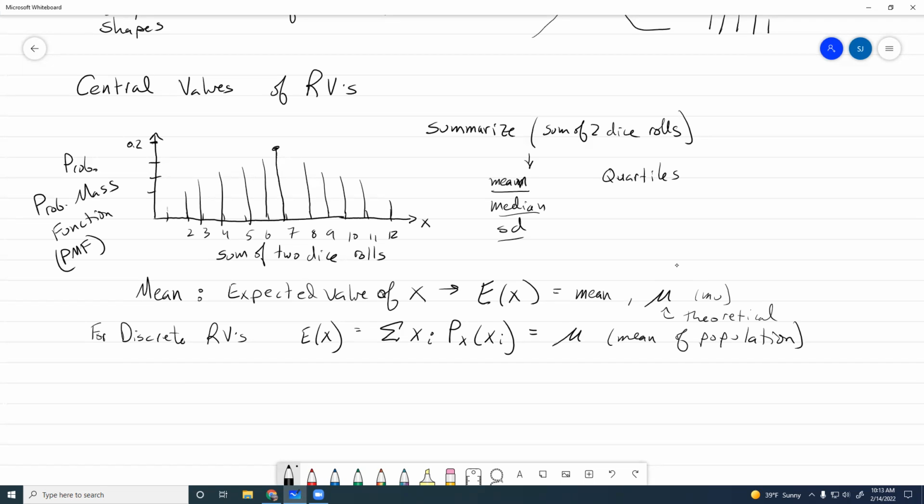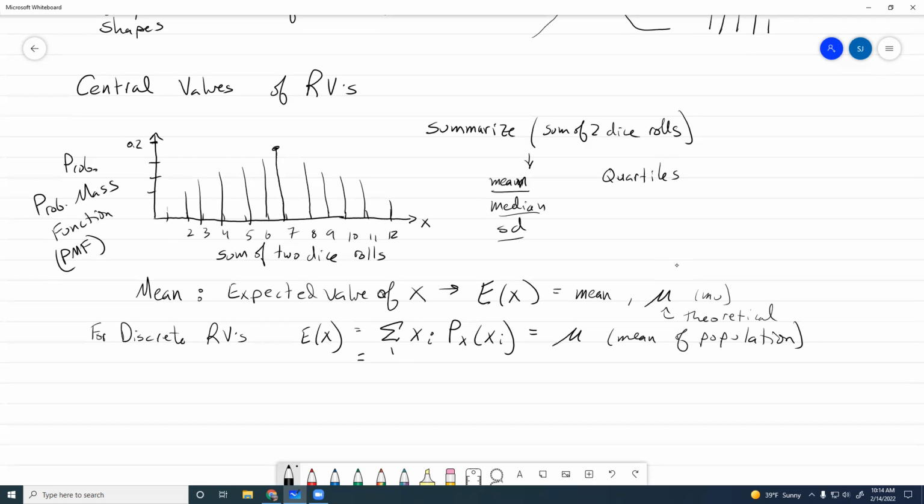I guess we're probably used to calculating the mean as summing everything up and then dividing it by the number of observations, right? But if we have a distribution, you actually get the same answer this way. So the probability of x times the value of x. This is basically a weighted average based on the probability.